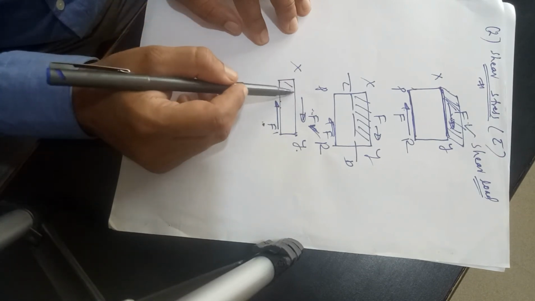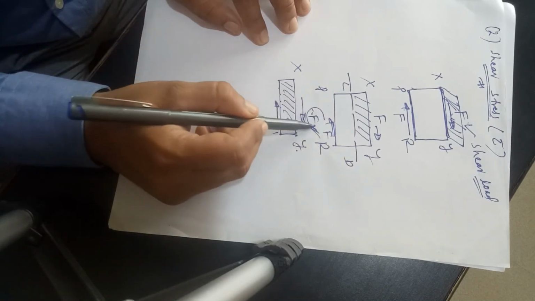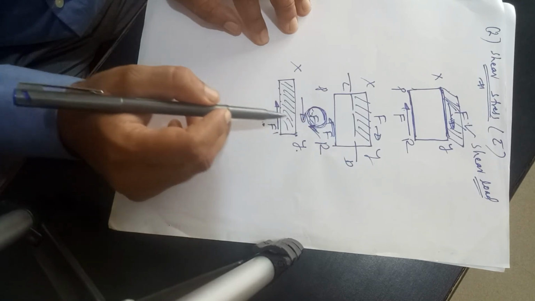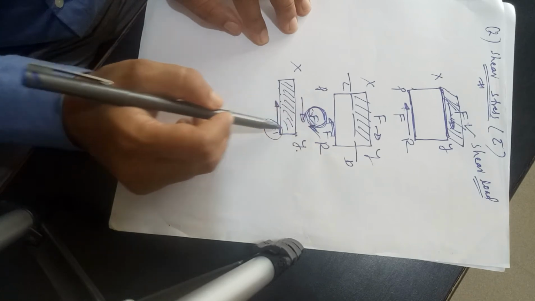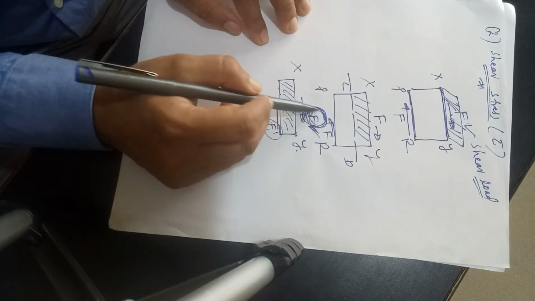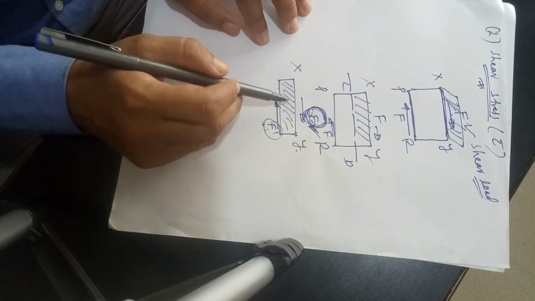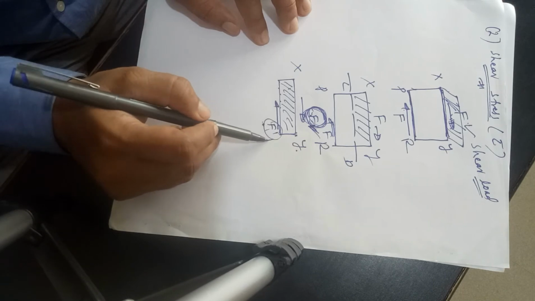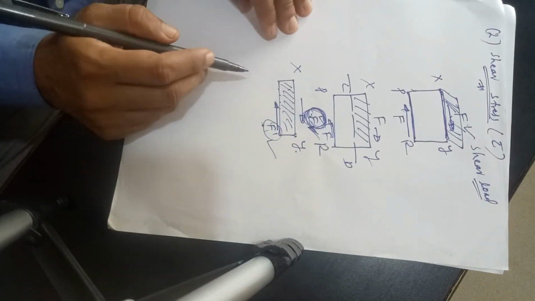For the equilibrium of this portion, the internally developed force would be equal to the externally applied load. So for this body to be under equilibrium, the internally developed forces should be equal to the externally applied forces.